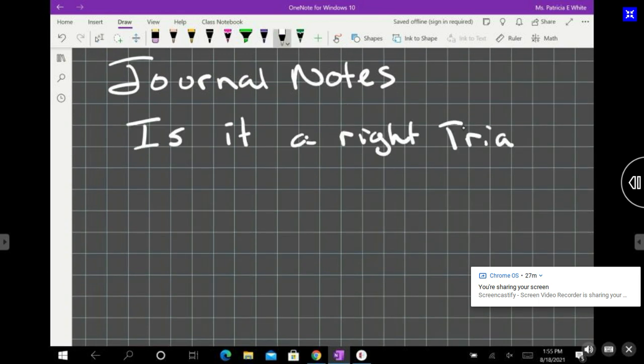What's today's date for our notes? Is it a right triangle is what I need to find out.